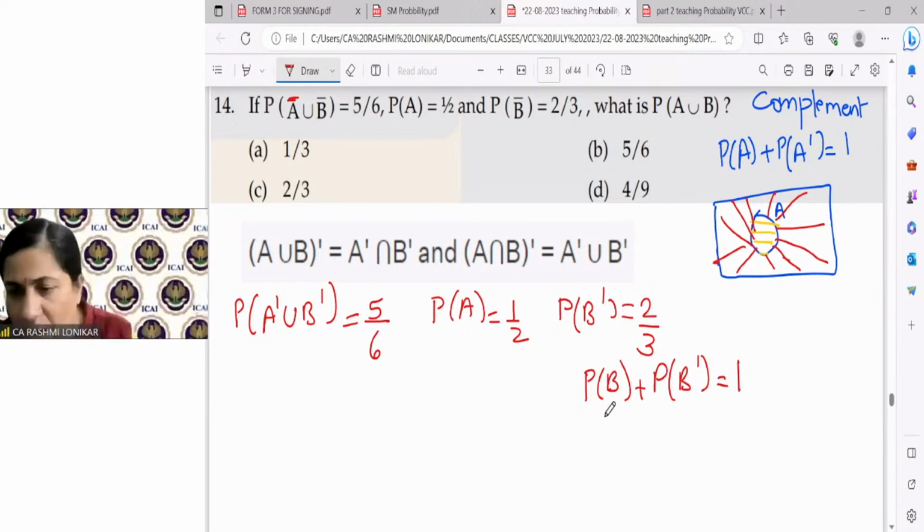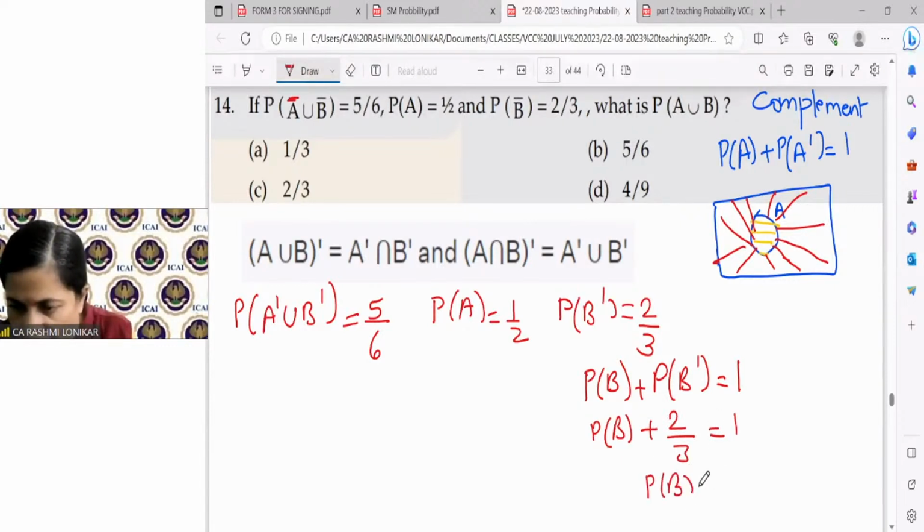Now P of B I don't know. P of B plus 2 by 3 is equal to 1. P of B will be equal to 1 minus 2 by 3, which is equal to 1 by 3. So now I've got the value of P of B.